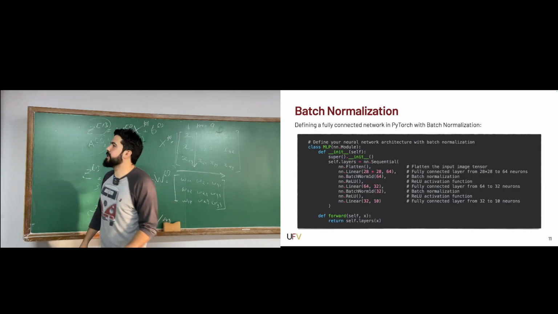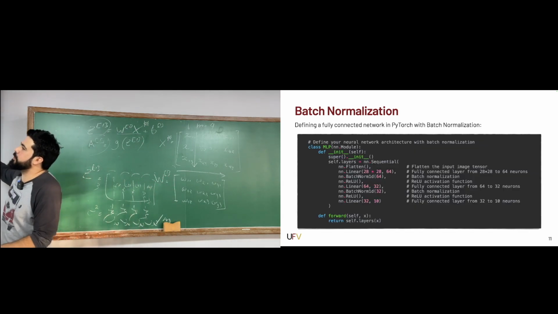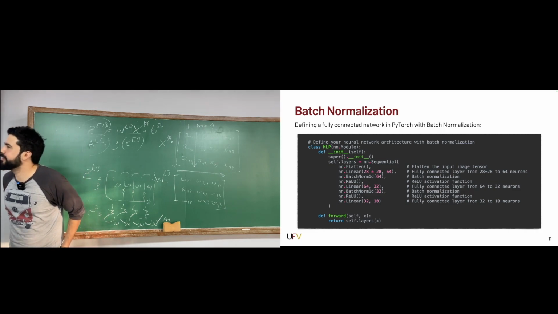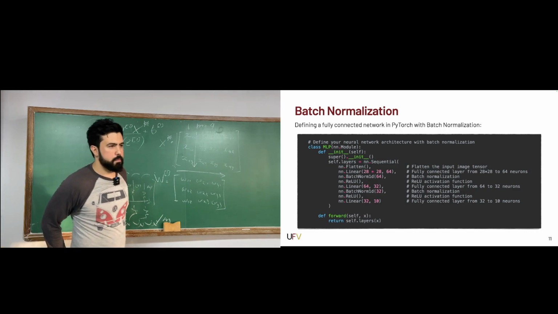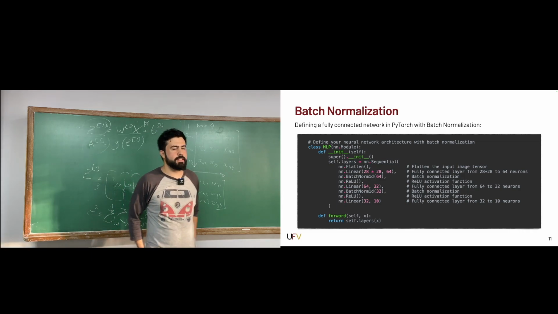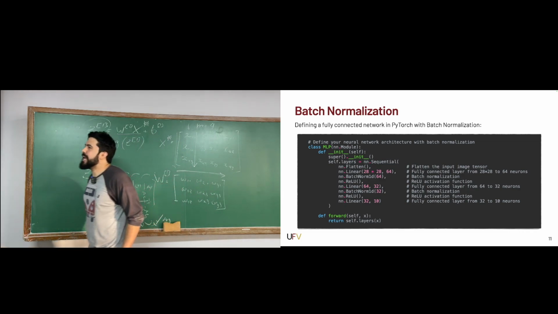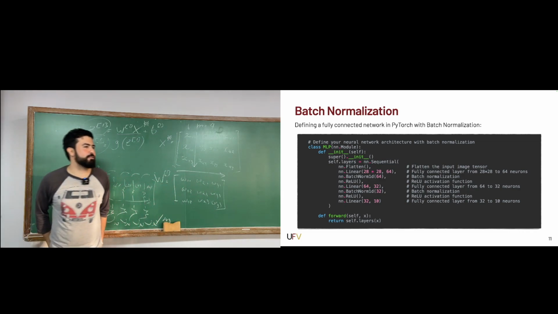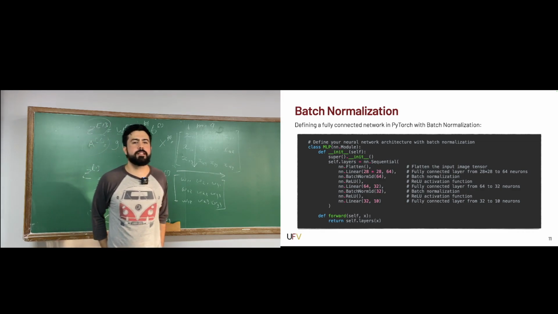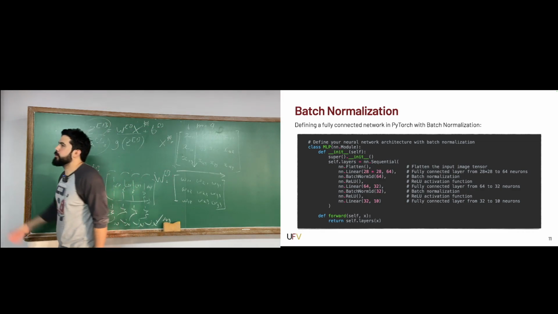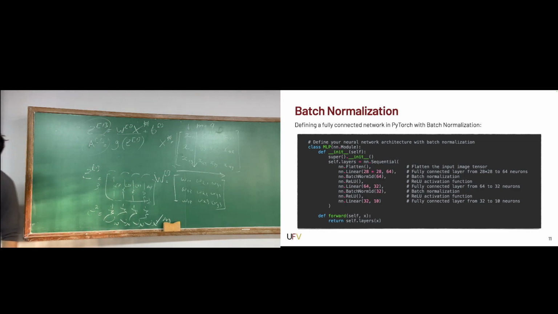So maybe this makes you more interested in practice when you are working with PyTorch nowadays. You can just add a layer that is a batch normalization layer to your model, and that's it. All that I said is implemented in these 2 layers here, batch norm 1D and batch norm 1D here.